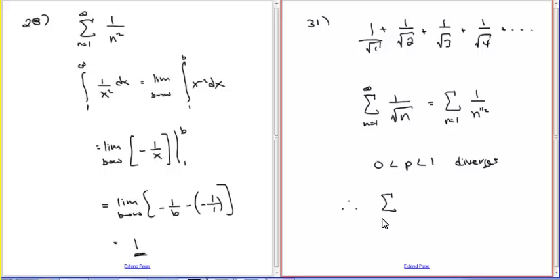Therefore, this series diverges. You can kind of think of it, if you look at the one just on the left-hand side, p here is 2, which is greater than 1. And so this converges, and we proved it using the integral theorem. Here, we could do the integral theorem, but we don't have to because it fits the p theorem. So it diverges as well.